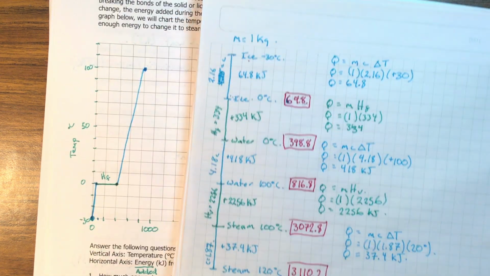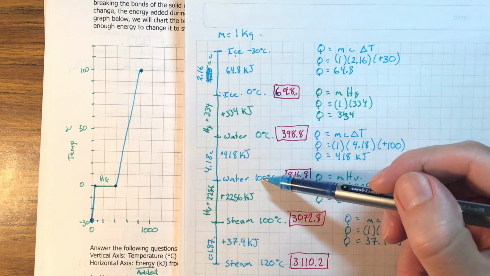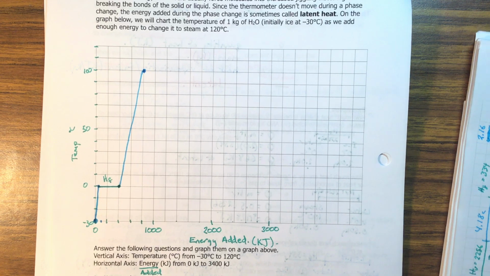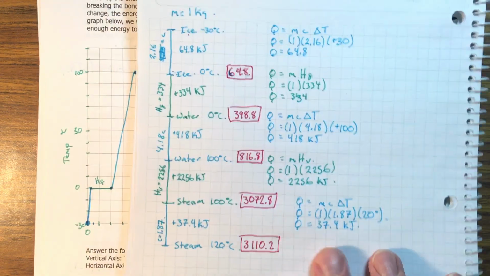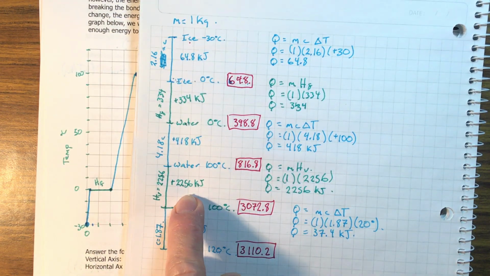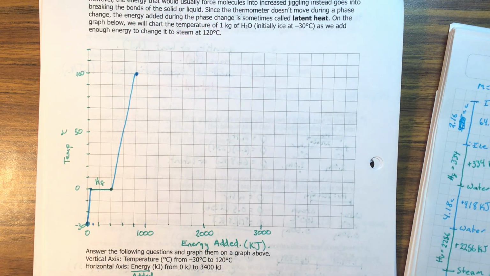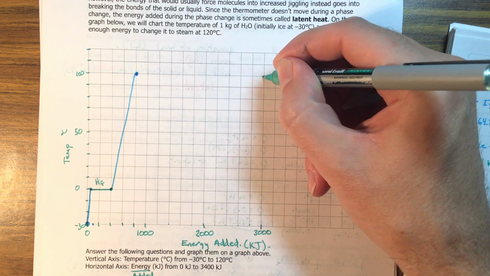The one that I just did was this one right here, from water at 0 degrees Celsius to water at 100 degrees Celsius. Then for the next one, we have to add in 2256 to go all the way up to about 3,000 kilojoules, and our temperature doesn't change.